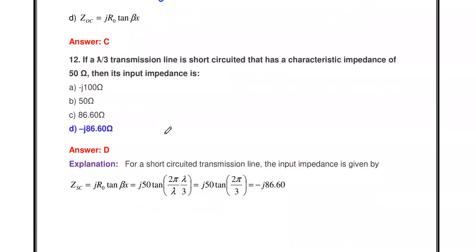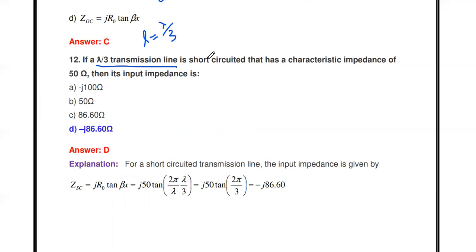Then the next question: if the lambda by 3 transmission line. Lambda by 3 transmission line means the transmission line has the length L or X value. Sometimes in the formula L may be there or X. The transmission line length is lambda divided by 3.